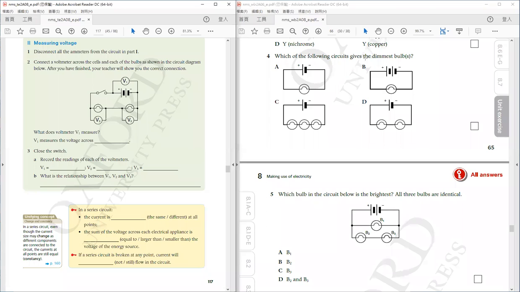So first of all, when we want to choose the dimmest light bulb, we want to find the one with less battery. Okay, less battery.